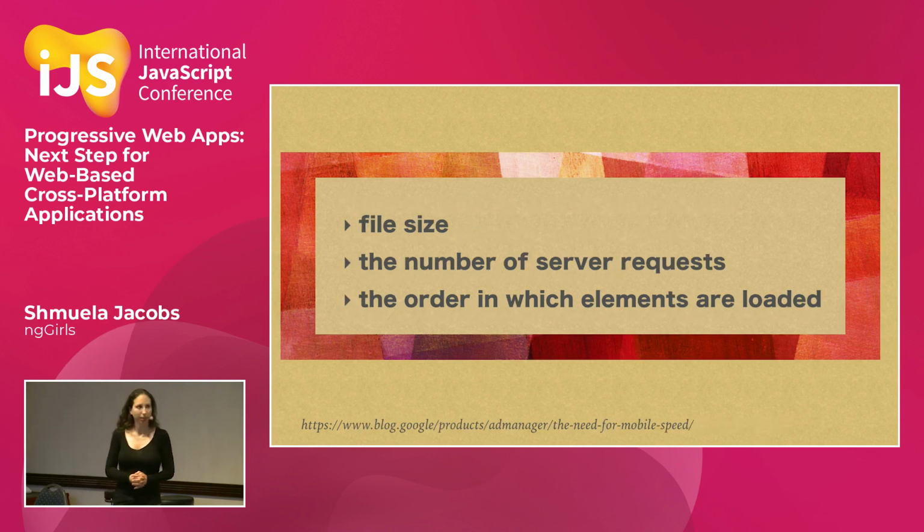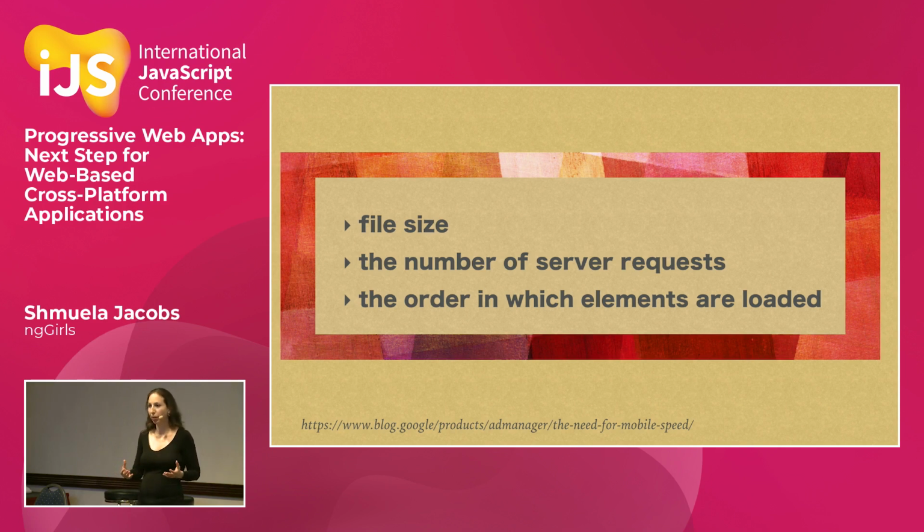So these are the 3 major factors that the application's performance usually depends on. First, the file size, the size of the files that we send to the device. The bigger the file is, the longer it takes to load.